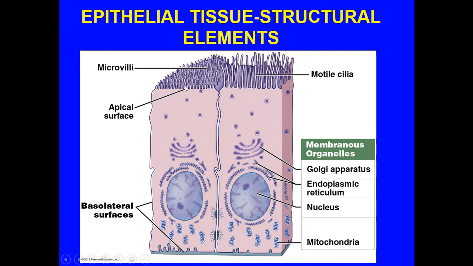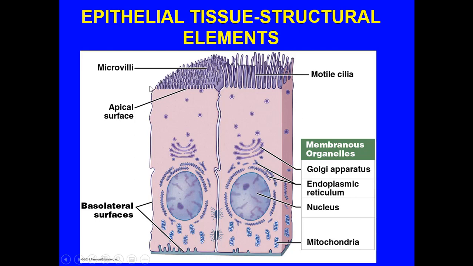You will either have extensions of the membrane called microvilli. This increases the absorptive surface area of that surface, or you may have actually extensions that propel substances past it, such as motile cilia. They will beat and move liquids or materials, such as what you see in the respiratory tract in the trachea.